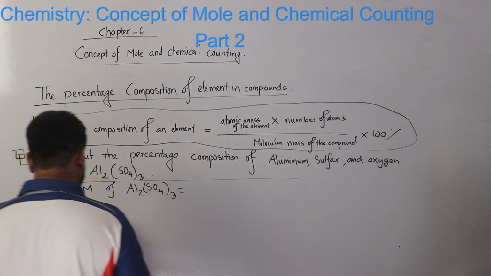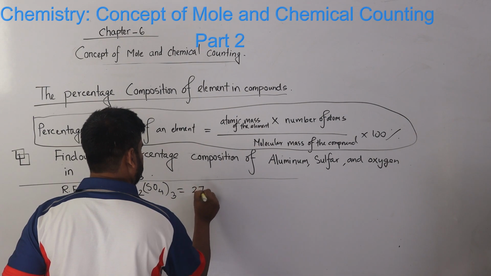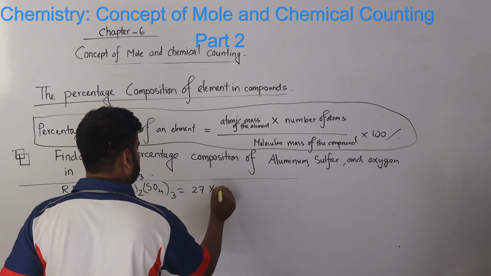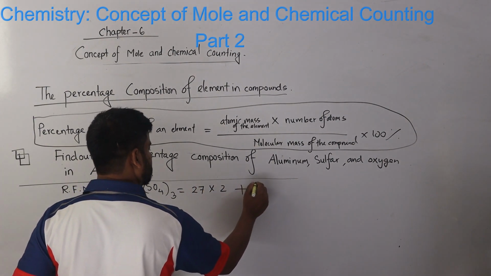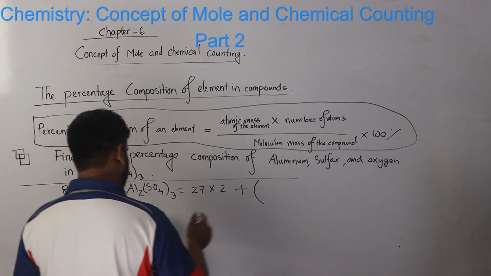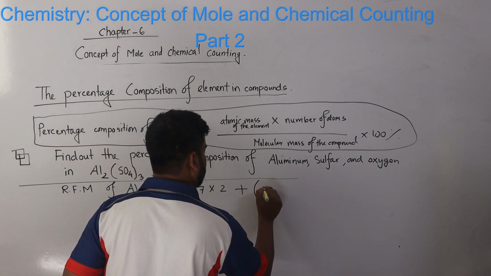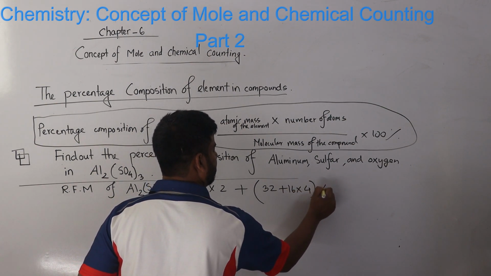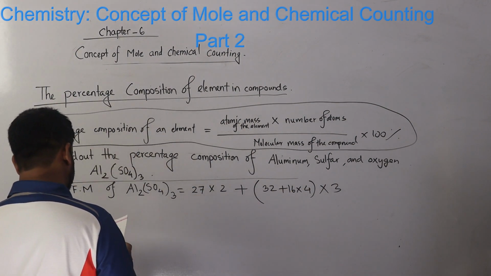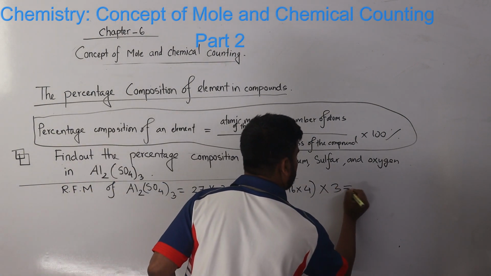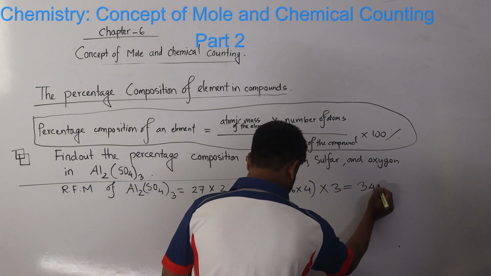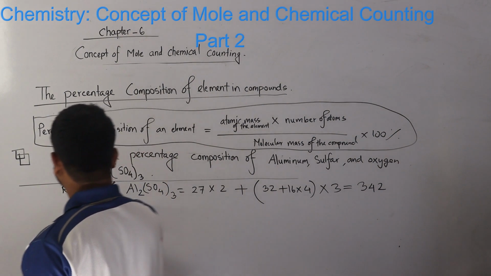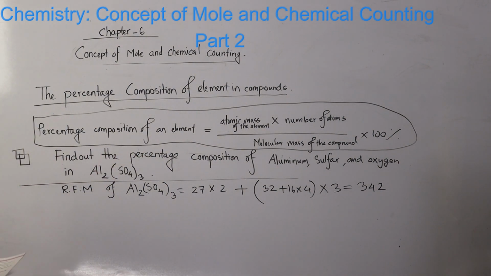So aluminum atomic mass is 27 multiplied by 2, plus sulfate, so sulfur 32, oxygen 16 multiplied by 4, all multiplied by 3. After calculation, 342 is the relative formula mass.